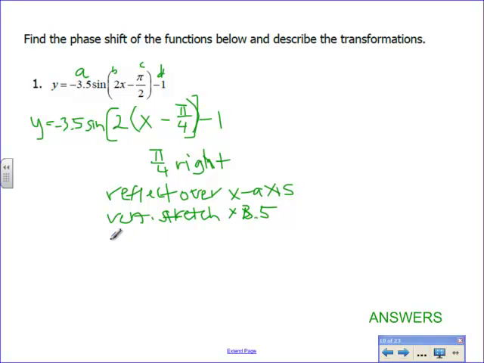The 2 is going to cause a horizontal shrink because I have to take the reciprocal. Horizontal shrink times 1/2 as that reciprocal. And the minus 1 is going to move us down 1. So I actually have 5 different transformations occurring in this problem.